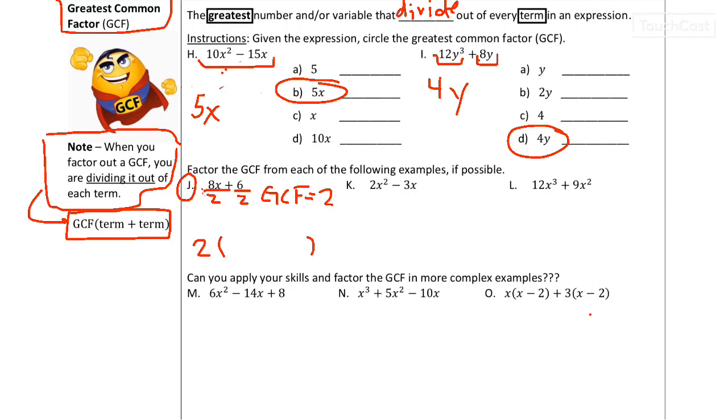So I'm going to divide 8 divided by 2, and that answer is going to go here. So 8 divided by 2 is 4, and then since nothing is dividing the x, we bring in the x. And then I'll go 6 divided by 2, and that is positive 3, so we put positive 3, and we have now factored using GCF. And that would be your final factored problem.